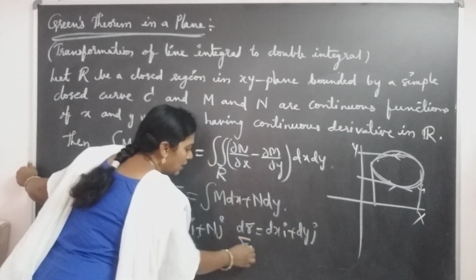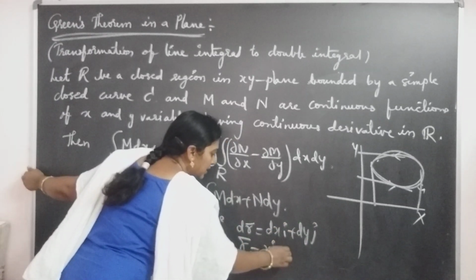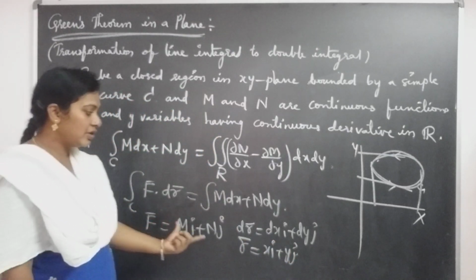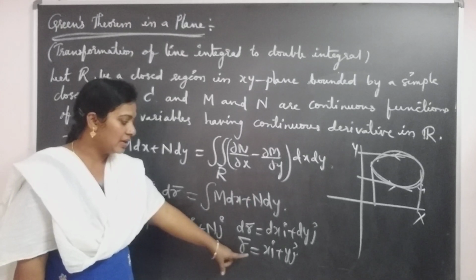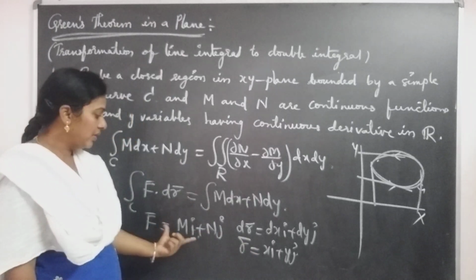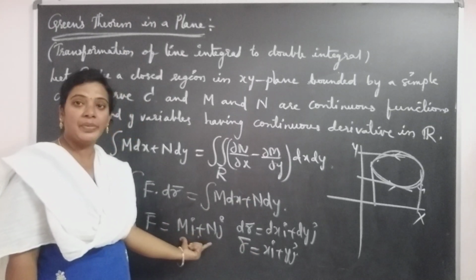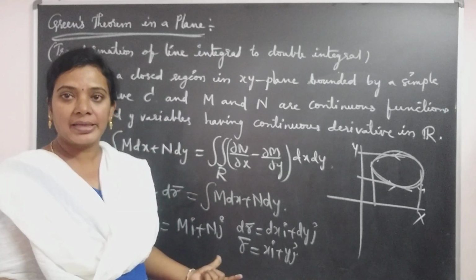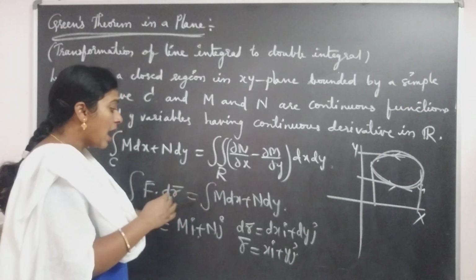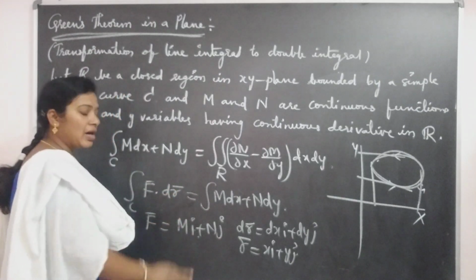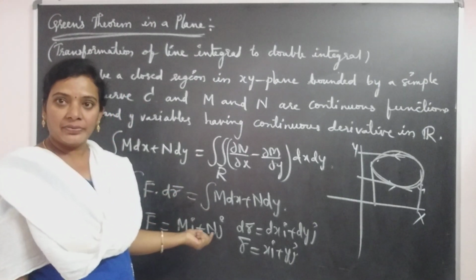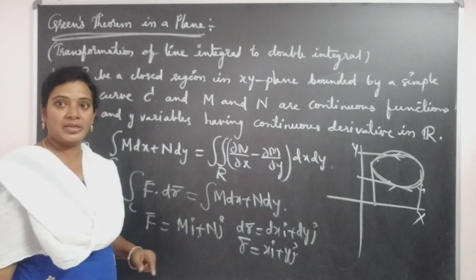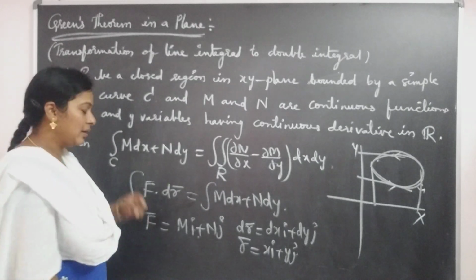We know that r bar is a position vector, that is x i plus y j. Here i and j are the unit vectors along the x-axis and y-axis, and M and N are functions of x and y.